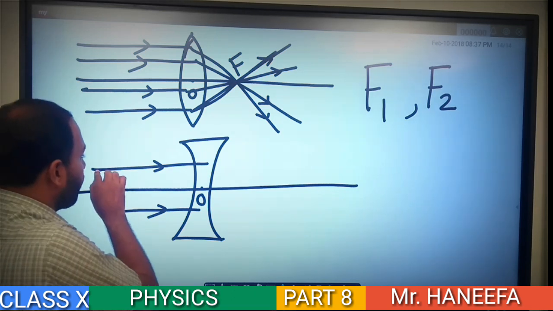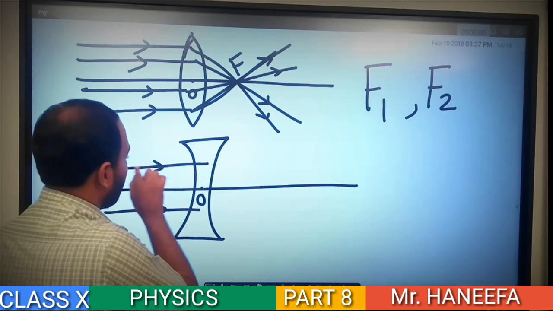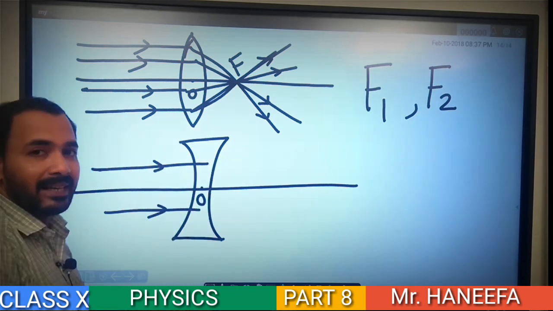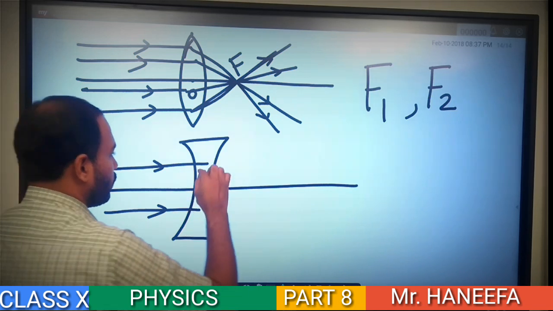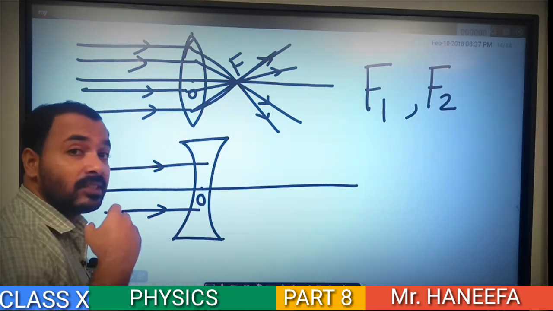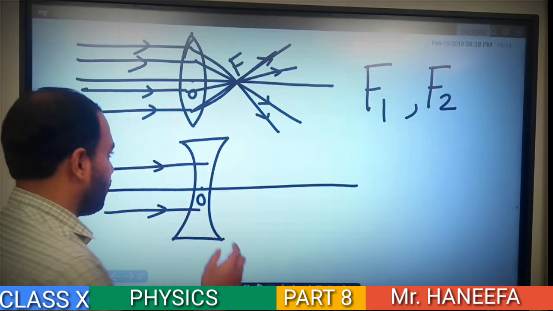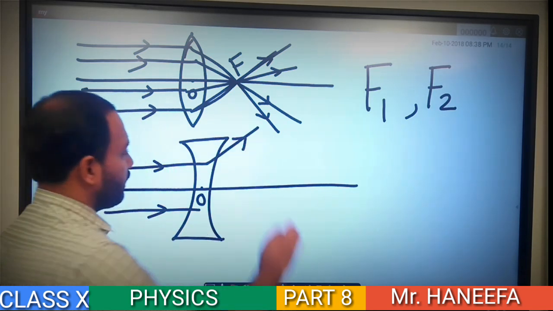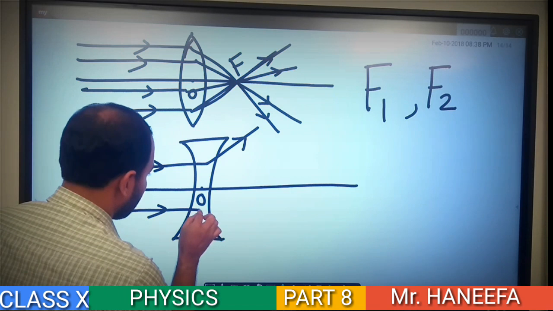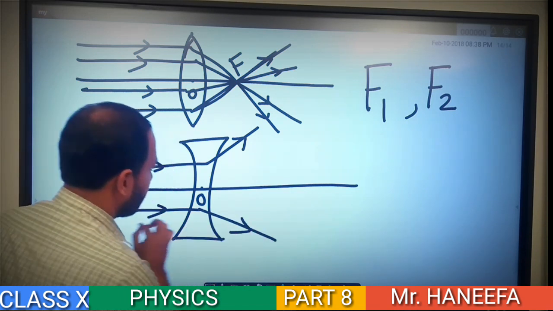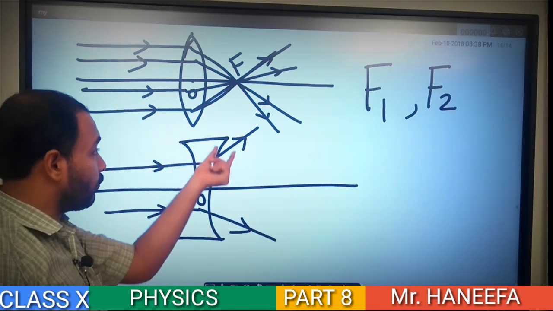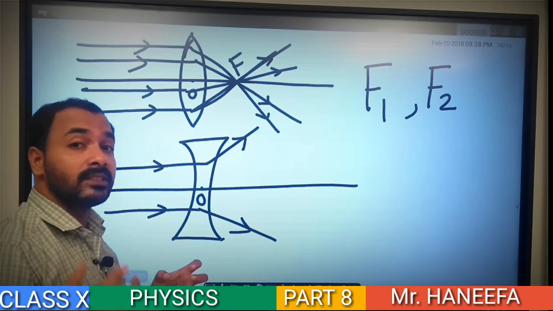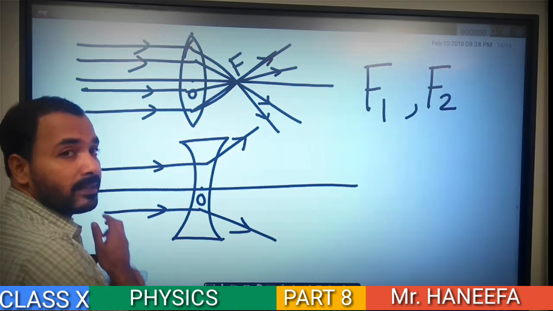First ray passes parallel to the principal axis. After refraction, it diverges from a point on the principal axis. This is the refracted ray. This is the refracted ray. These refracted rays are diverging from a point on the principal axis.